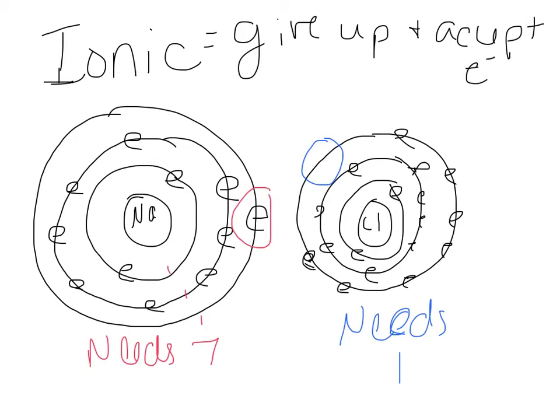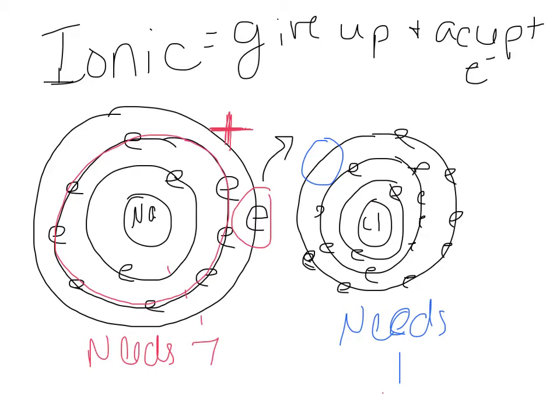Okay, so in this instance, if the sodium releases this electron here, now its valence shell, which is right here, is full, and it's a happy little camper. But it's missing an electron, so it becomes an ion, and it has a positive charge, because now it has more protons than it does electrons.